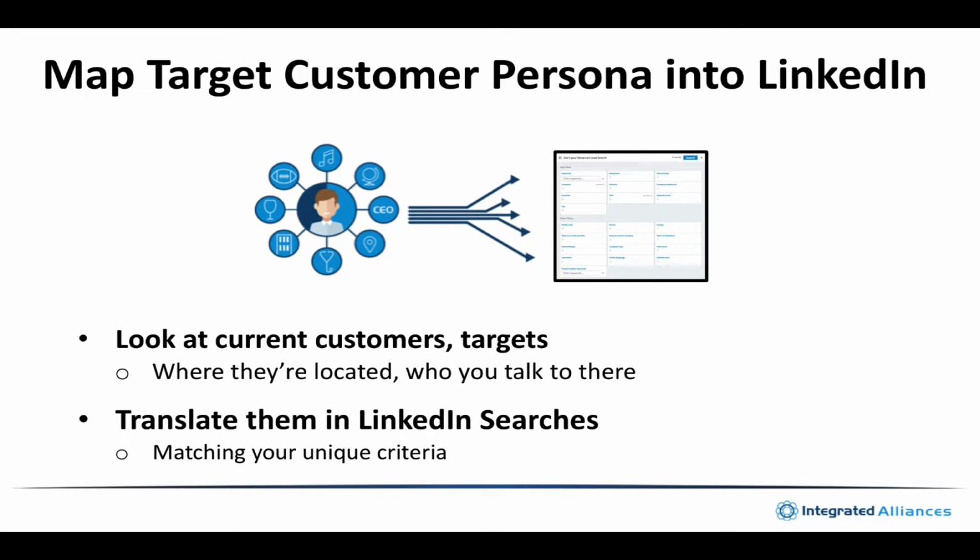So I talked about how we're going to find our persona. These are the ingredients or the characteristics of the people that we're selling to now, that create our glowing sun up there that we want to go after. We're going that way. And we have to take those ideas and translate them into LinkedIn Sales Navigator searches.